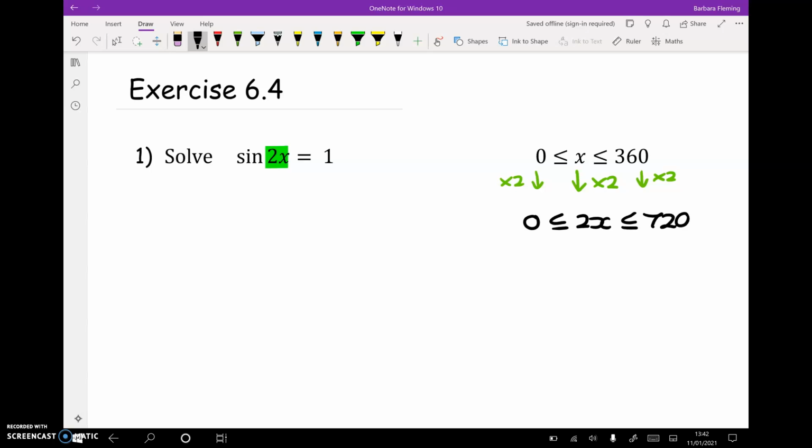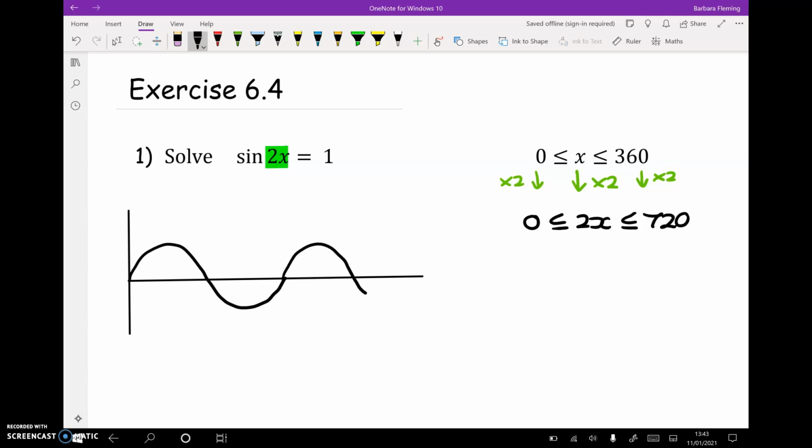Then after that, we're going to find our related acute angle. If we look at this again, it's sine of our angle equals 1, and that's one of our special cases. If I just draw my sine graph straight away, you could type it into your calculator and see what you get. But if we draw our graph, and remember we're drawing up to 720 now because of our new domain, so we're going the whole way up to 360, and then a second wave the whole way up to 720.